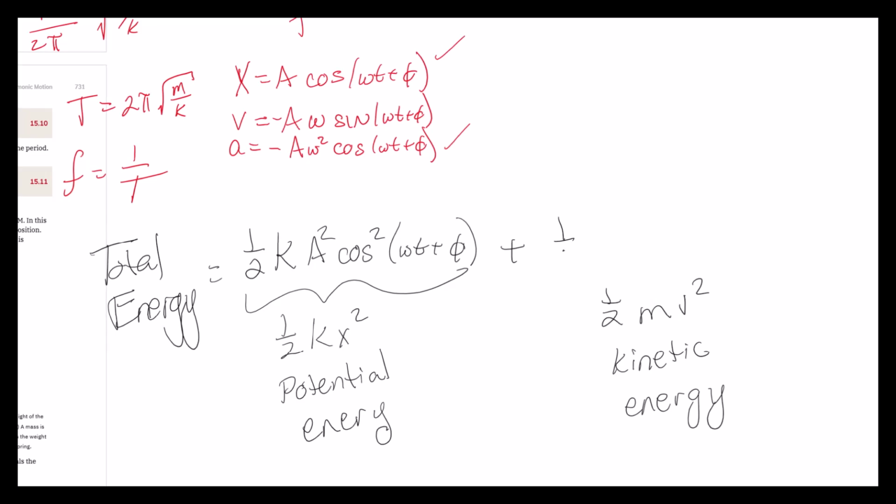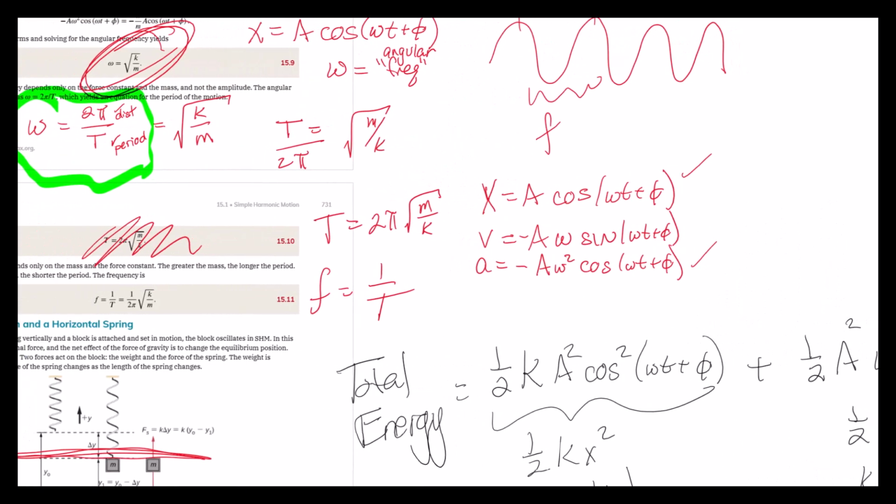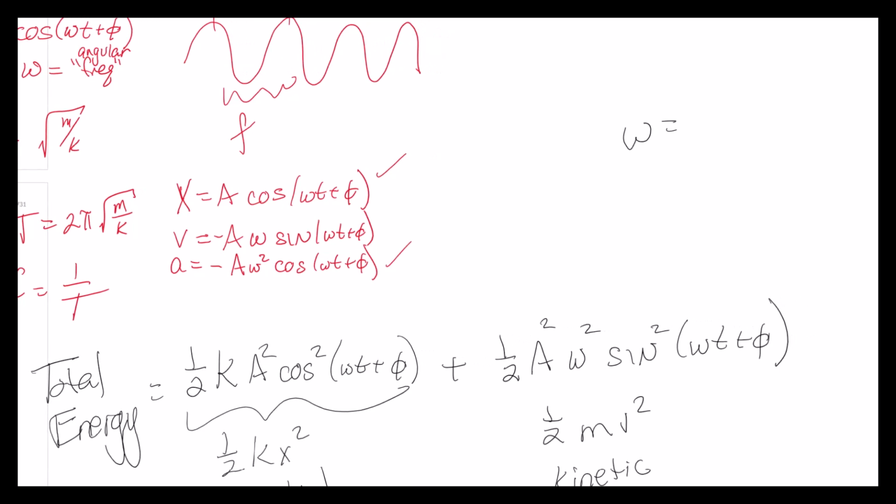Okay, so I have 1/2, and then the negative becomes positive, A omega sine of this. But now remember that omega is the square root of k over m.